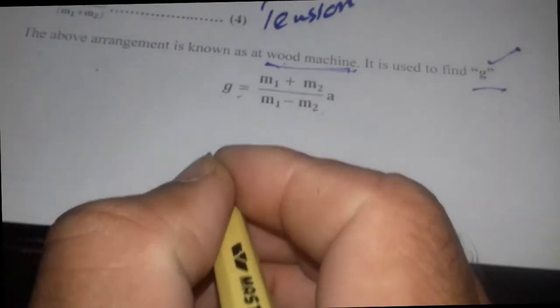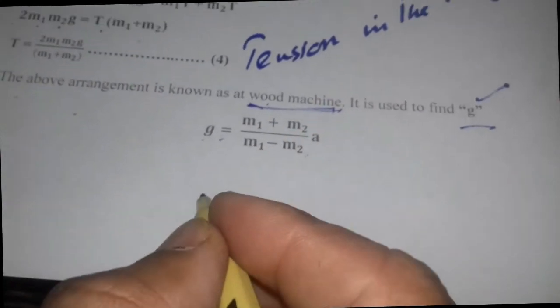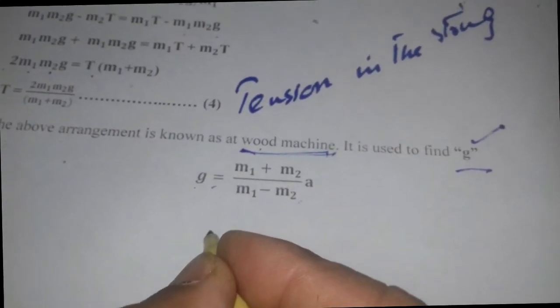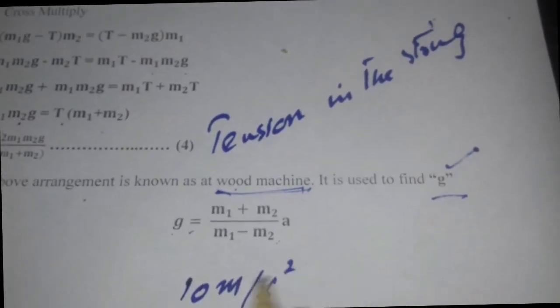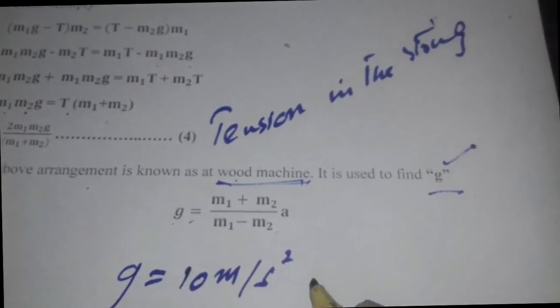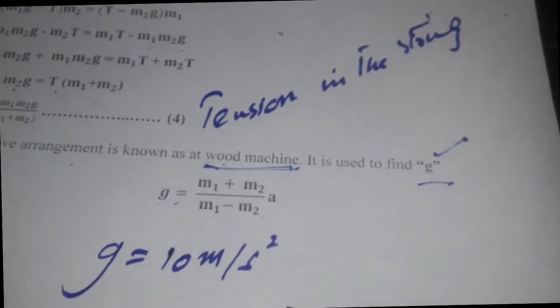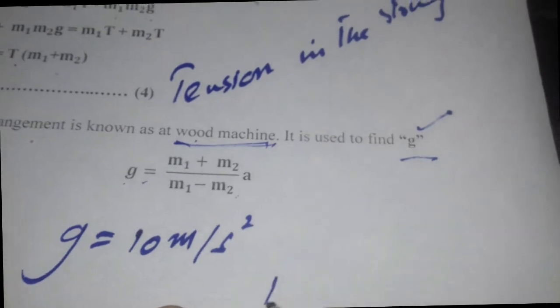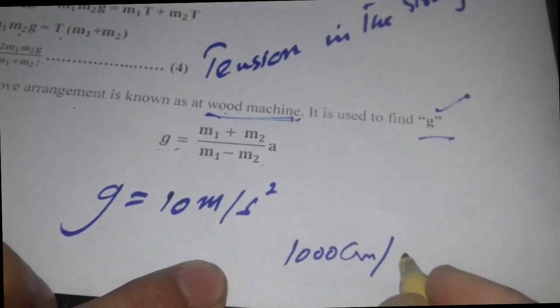If we take masses in kg, it will be approximately 10 meters per second squared, or if we take grams, it will be 1000 centimeters per second squared.